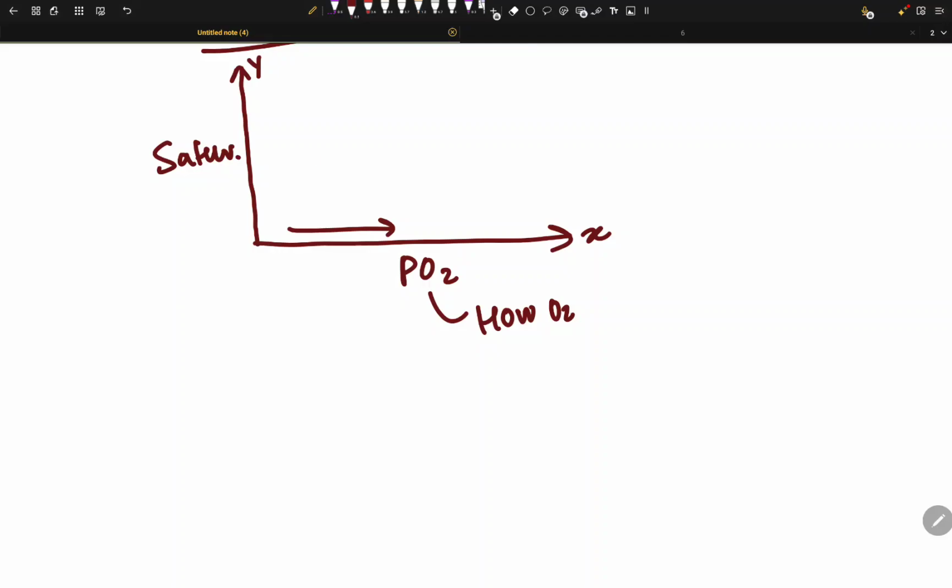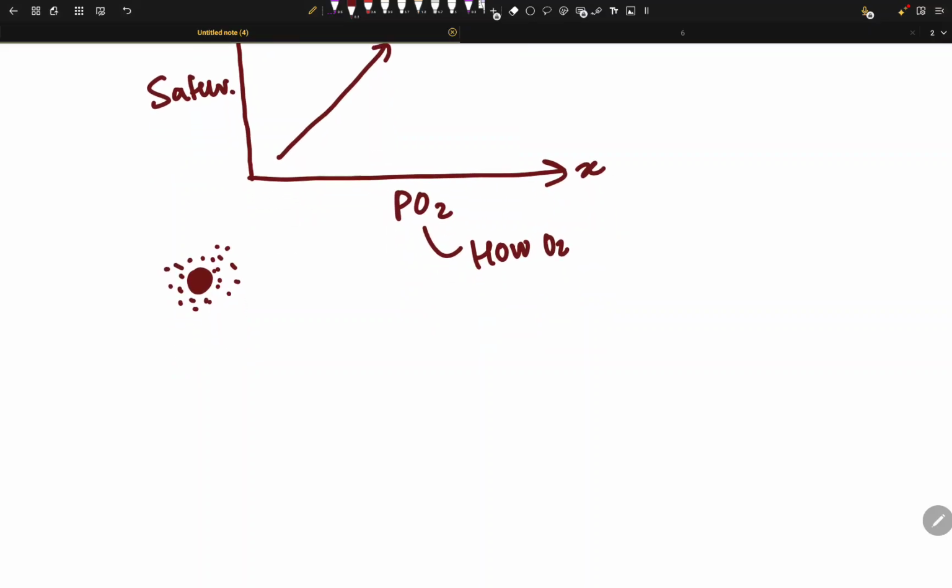When you increase the amount of oxygen in an environment where I put this hemoglobin, hemoglobin will automatically bind more oxygen, and the graph will move upward as well as this way. The graph will move like this. So that's the one thing.